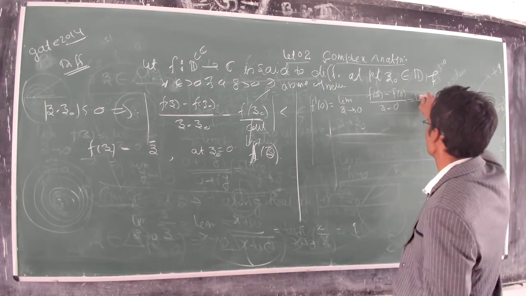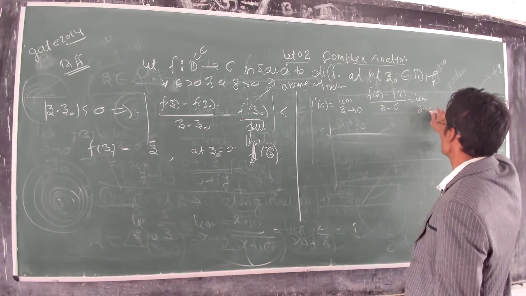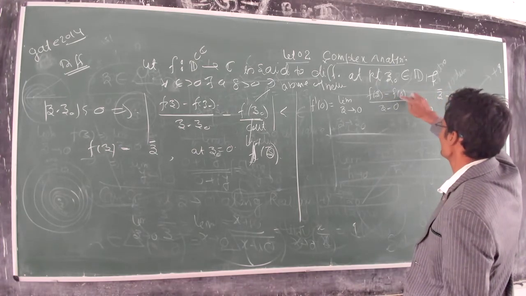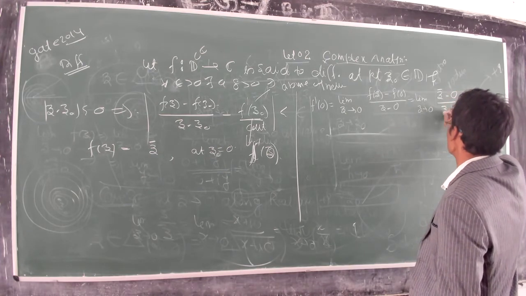This will be limit z tending to 0. f(z) is given already, z bar minus, if you put 0, it will be 0, upon z.